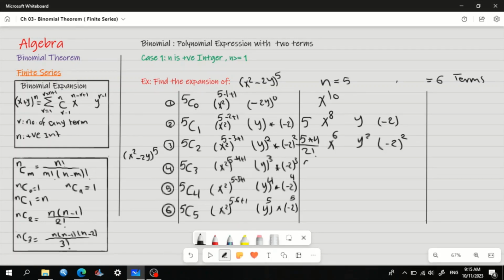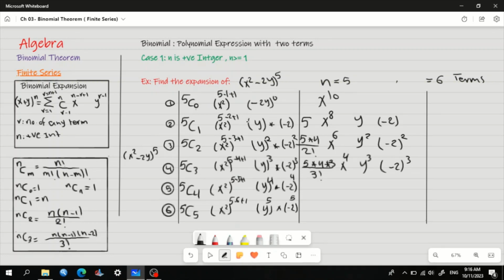Here 5 into 4 into 3 by factor of 3, x squared power 2. So we have here x of power 4, y power 3.